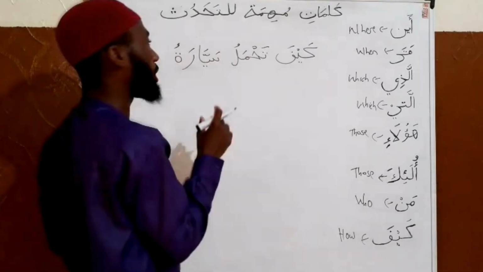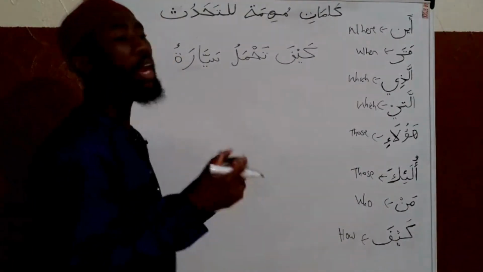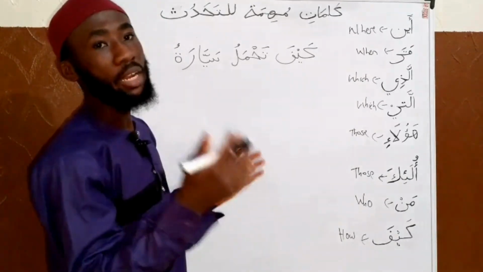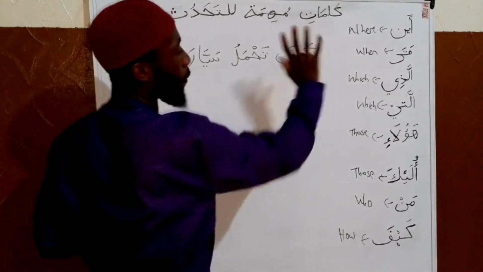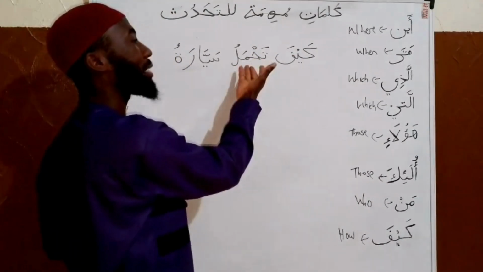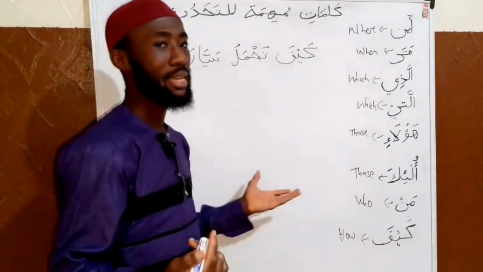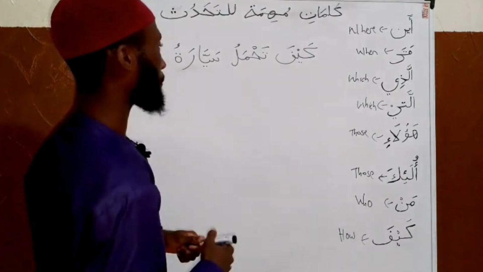That is, how do you carry the car? Kaifa tahmalu sayarat. Kaifa means how. Hamala, tahmalu, that is you carry. Sayara, that's car. Kaifa tahmalu sayarat. How do you carry the car?